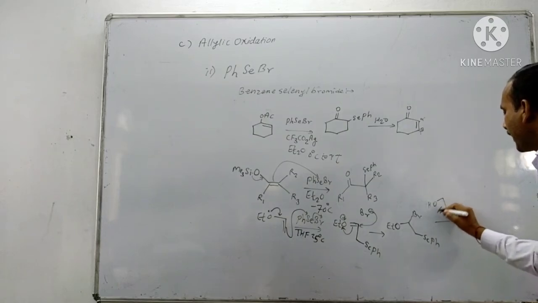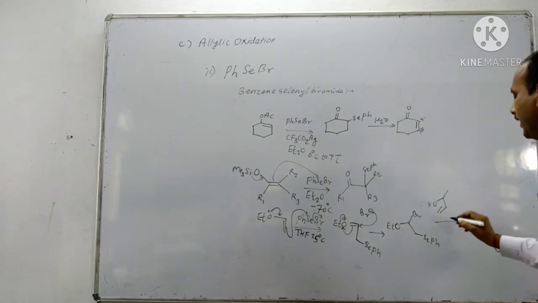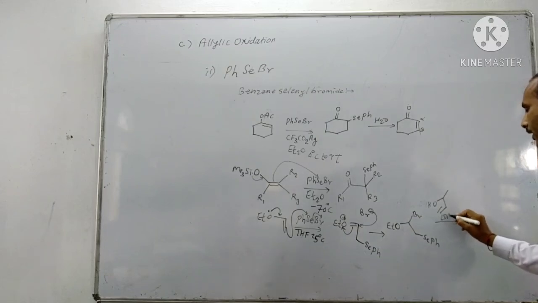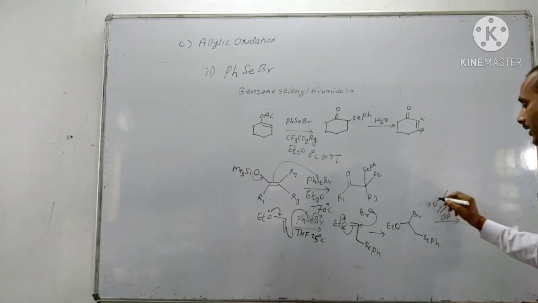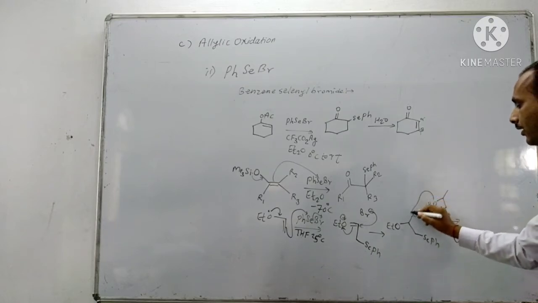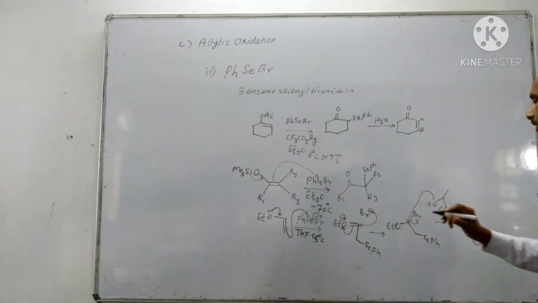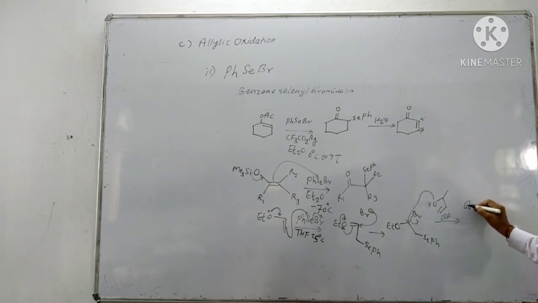And again if there is presence of another nucleophile, OH, such type of nucleophile is present in presence of LDA. This LDA acts as a base, abstracts the proton from alcohol, O minus. This O minus attacks on this carbon, Br gets eliminated. It forms EtO SePh OCH3 double bond.